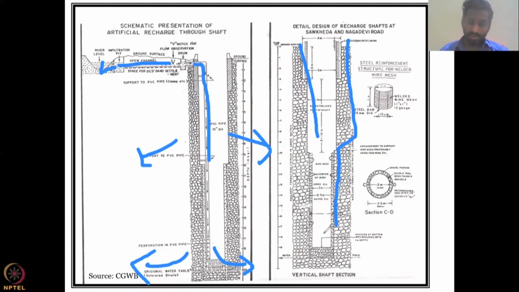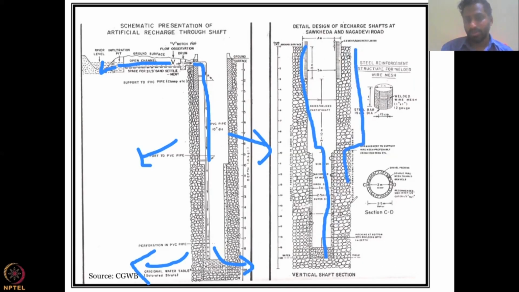Why this is happening is because it's expensive to drill all this down to such depths, like 30 meters, 20 meters. So instead of drilling the entire volume down, which becomes a well, you are only deepening the part where recharge can happen and connecting the top to the deep aquifer through recharge.